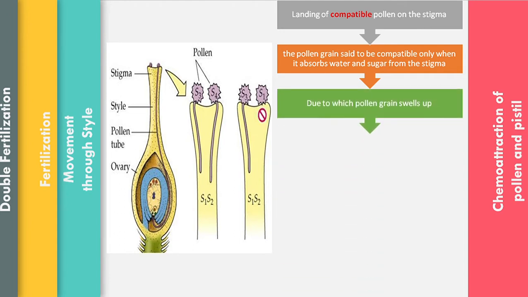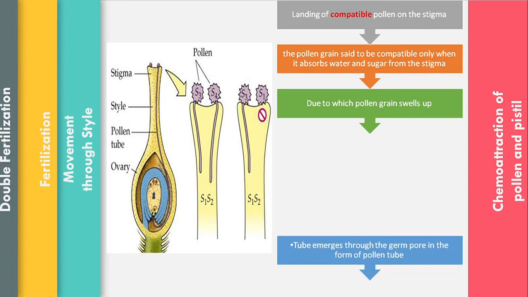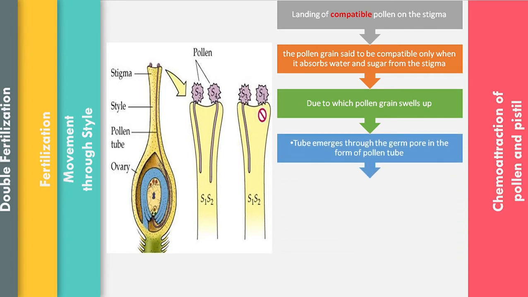After the absorption of the water and sugar, the pollen grains swell up, and the tube emerges through the germ pore in the form of a pollen tube. Generally, in most of the flowering plants, the pollen that lands on the stigma is a two-cell stage pollen grain, that is, it consists of one generative cell and another vegetative cell.